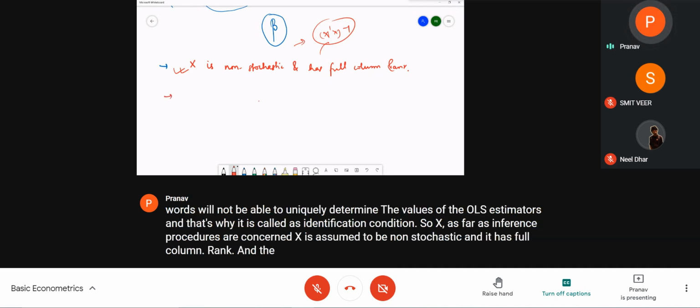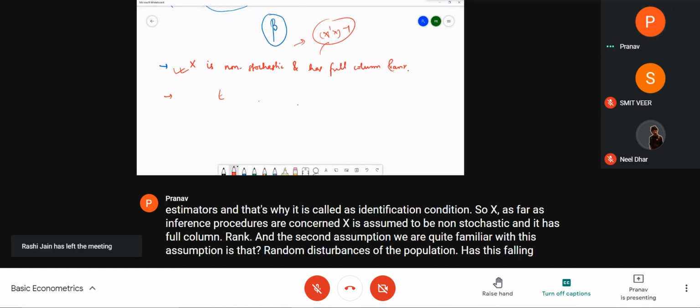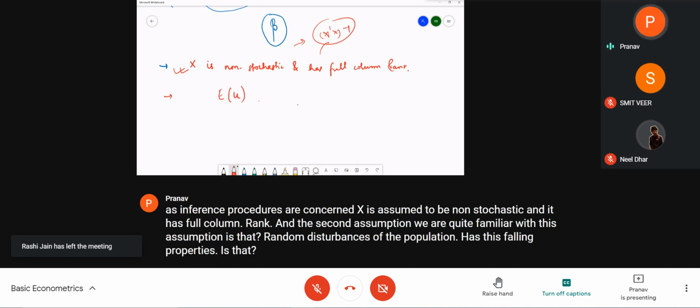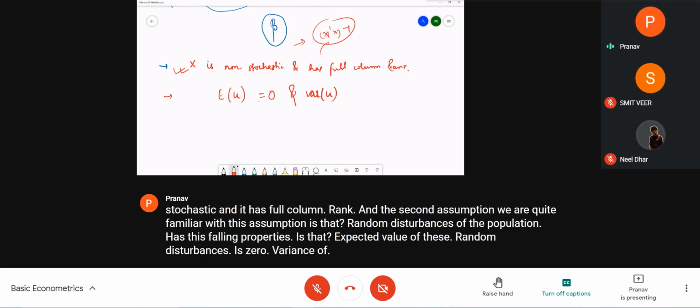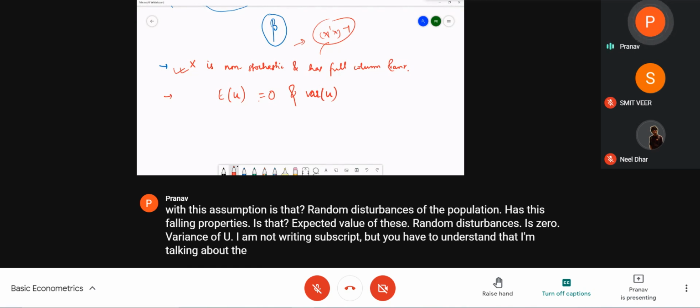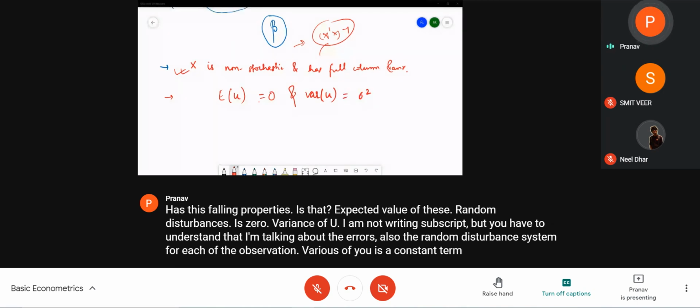And the second assumption, we are quite familiar with this assumption, is that random disturbances of the population have the following properties: expected value of these random disturbances is 0 and variance of u, I'm not writing the subscript, but you have to understand that I'm talking about the random disturbance term for each of the observations. The variance of u is a constant term written as sigma square.